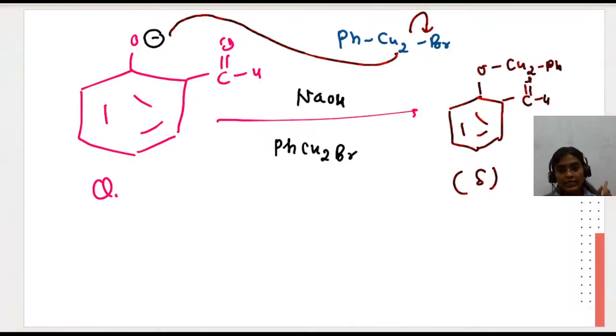Now, is S going to give the alcohol test positive or not? Why this one? Because if I remove this hydrogen, this oxygen participates in resonance. It's a stable anion, a stable conjugate base. Remember, in the acidity part we discussed, Dashika, that we abstract only the hydrogen which is more acidic.